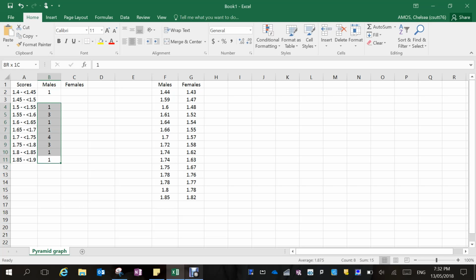Now, how I check if I've done that correctly is I would hit that auto sum button, and I can see I have 16 here.